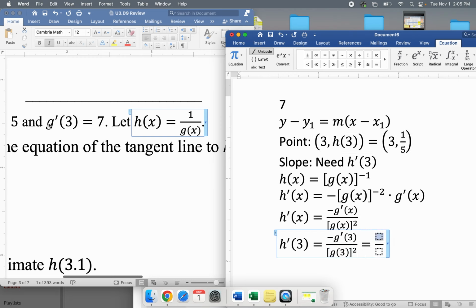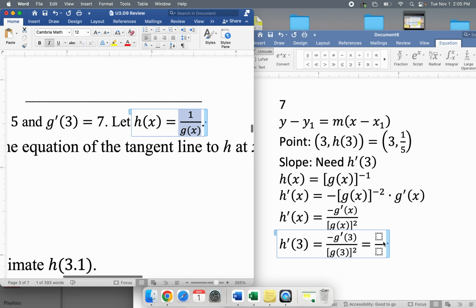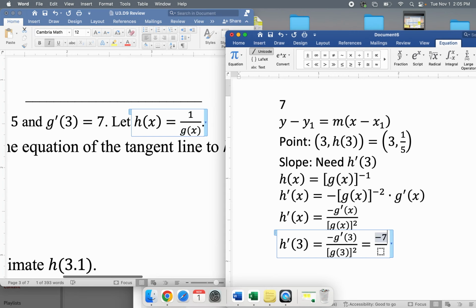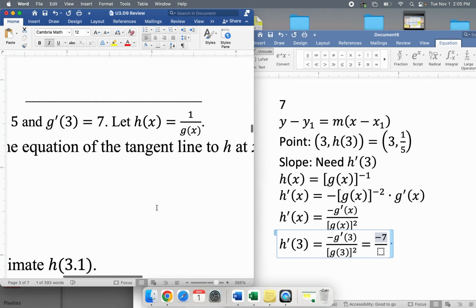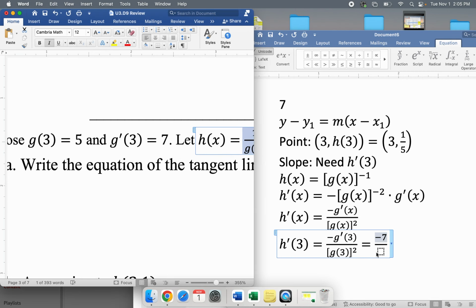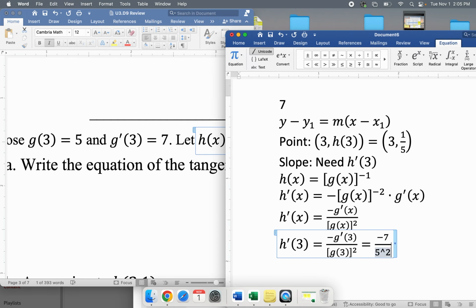Well, g prime of 3 is 7. That's what we're told. So this is actually just negative 7. And then g of 3 is just 5, so that's 5 squared. So that's negative 7 over 25.